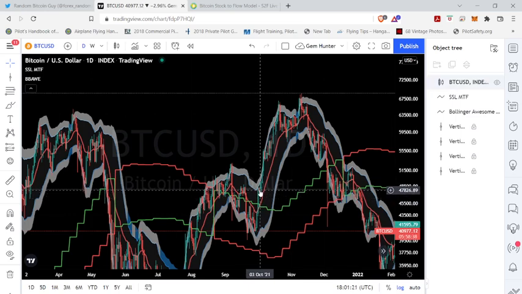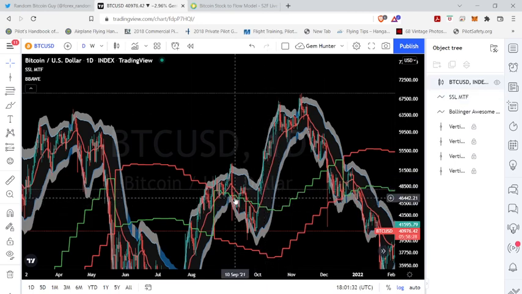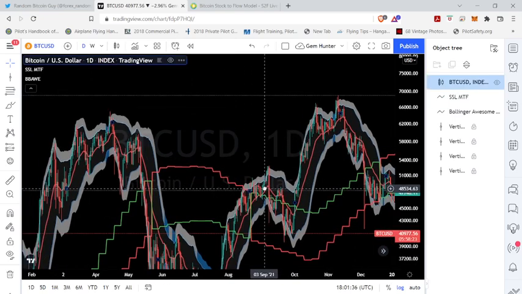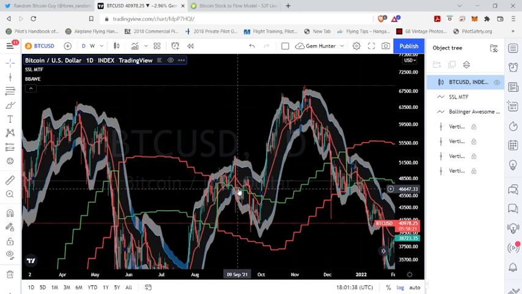Where were we? We are above the SSL. It's not really a clear spot here, but we are above the SSL and below the midline. That's 75%.